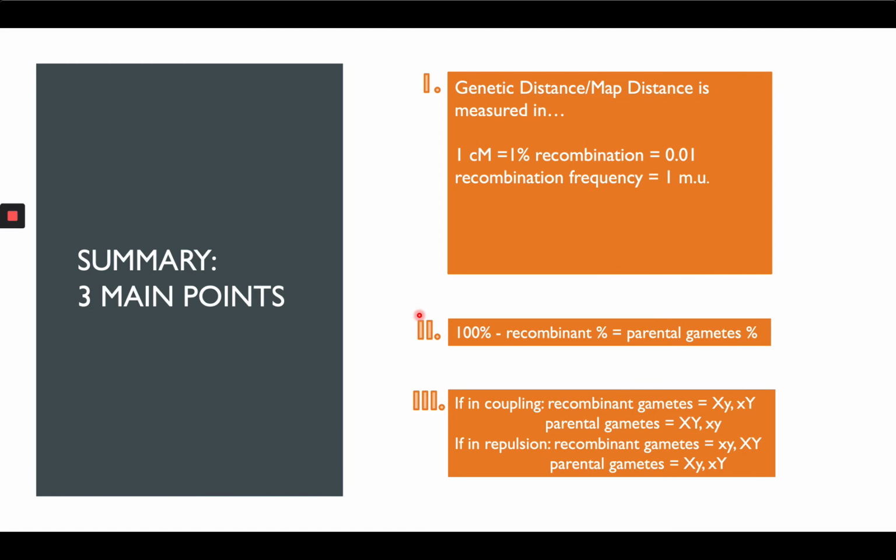Just always make sure to read the question carefully and determine whether they're asking for a percentage or frequency or a number of offspring. And finally, we made the really important distinction between what your parental and recombinant gametes will look like depending on whether your genes are in coupling or repulsion. I've written them out here for you for quick reference.